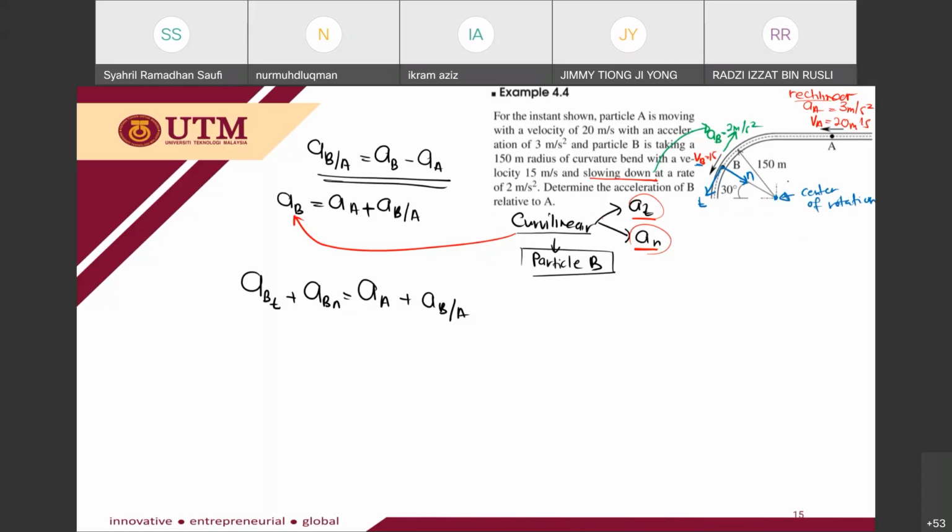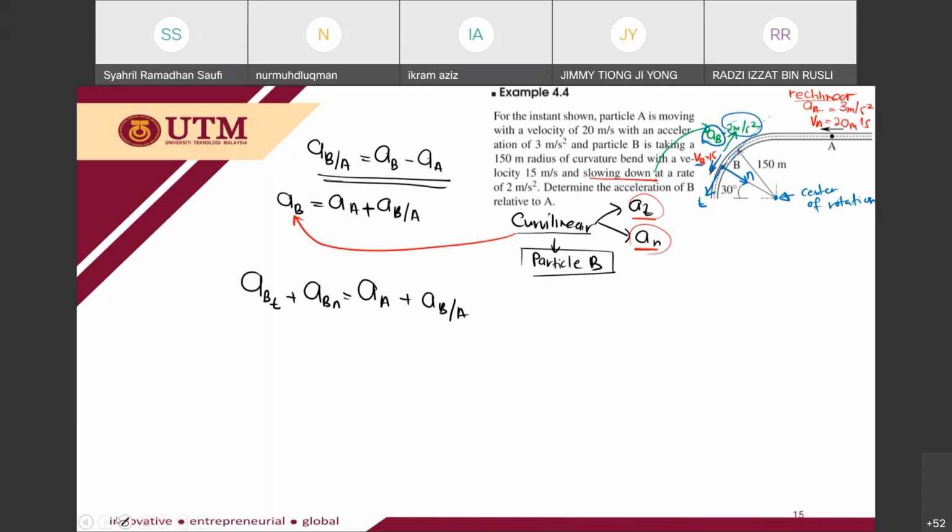So now what you need to do here is resolve the acceleration. Given here is AB, which is along the tangent line. So the provided information here, slowing down, is for ABT.